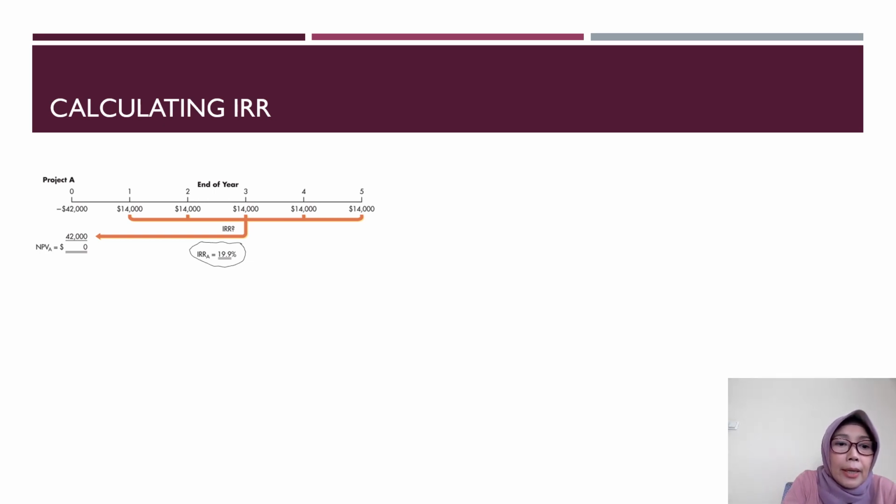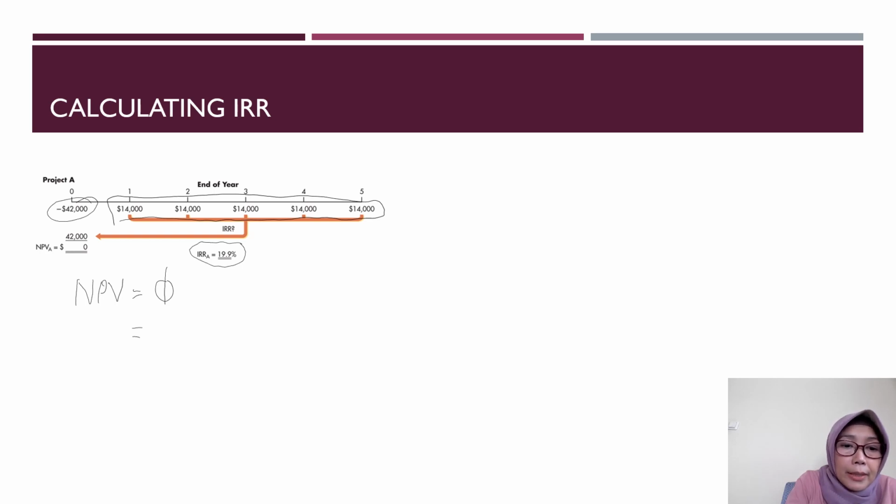We can say that the NPV has to be equal to 0 if you want to find the IRR. Then we know that this number has to be equal to the present value of the annuity of this 14,000.